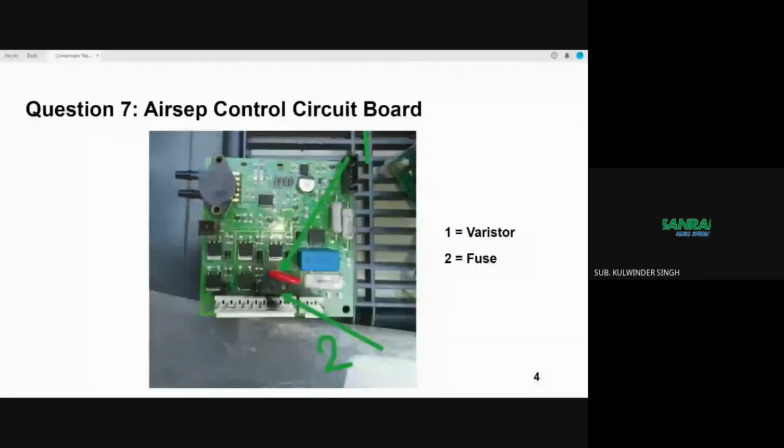So, a very common problem for all the models of oxygen concentrators. Nowadays, in the summer season, it is very common. The cause of such burns is power fluctuation or surging.